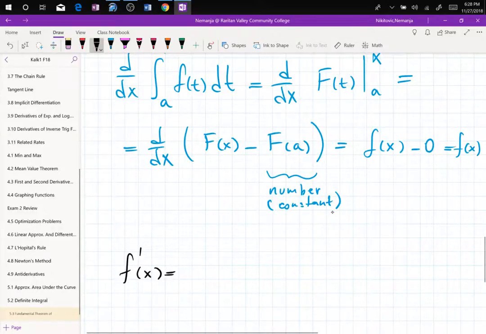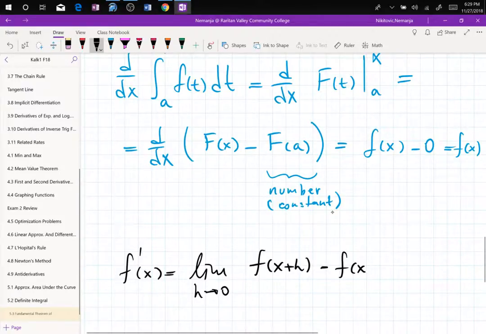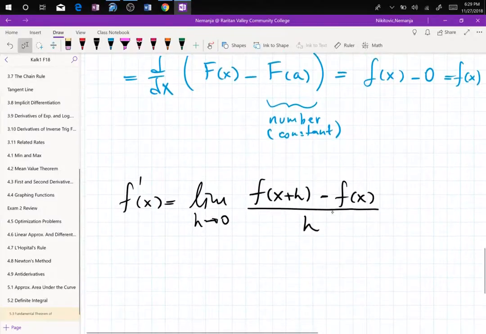What was the limit formula for f prime? Limit as x goes to c, and x goes to h. I heard h. H goes to 0. Okay. Very good. Great.